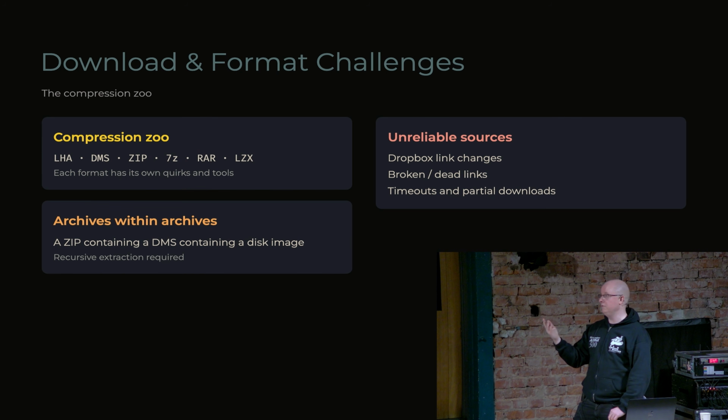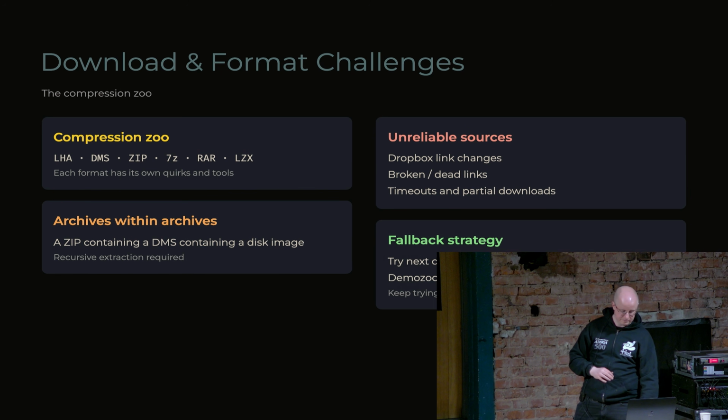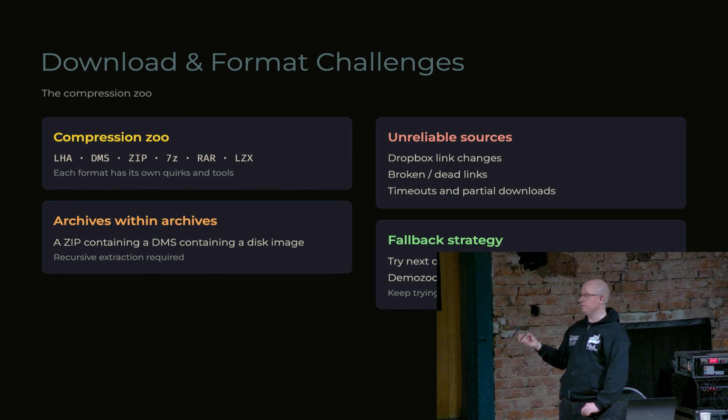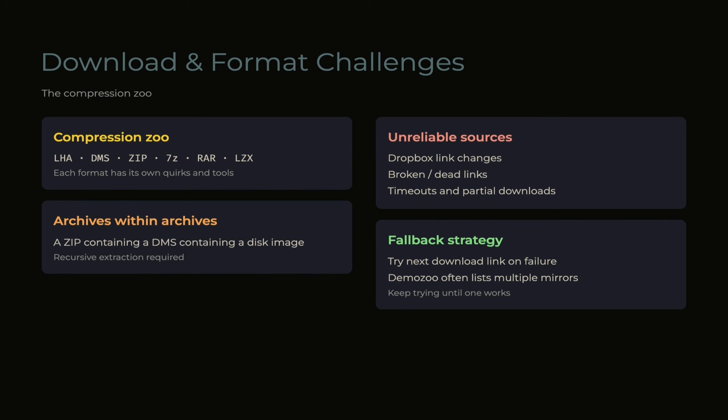Of course, when you have downloads, you need to handle timeouts and partial downloads and all that stuff. It's lots of churn around it to get this working, which isn't actually just running demos. So you need a fallback strategy: just take the next download.